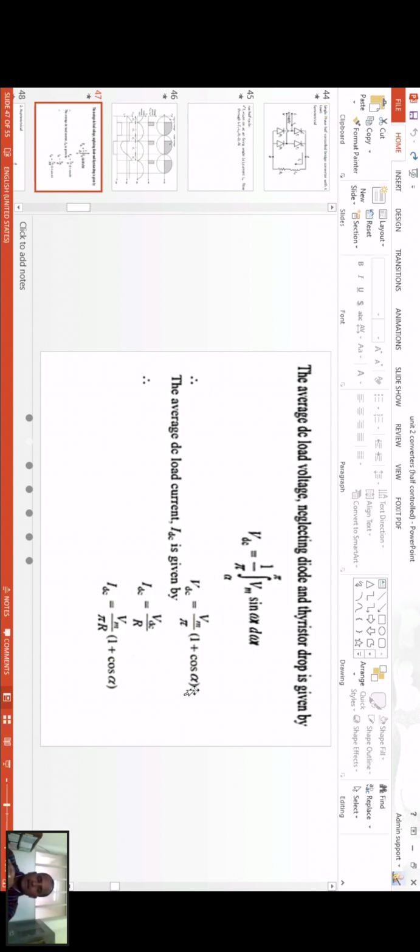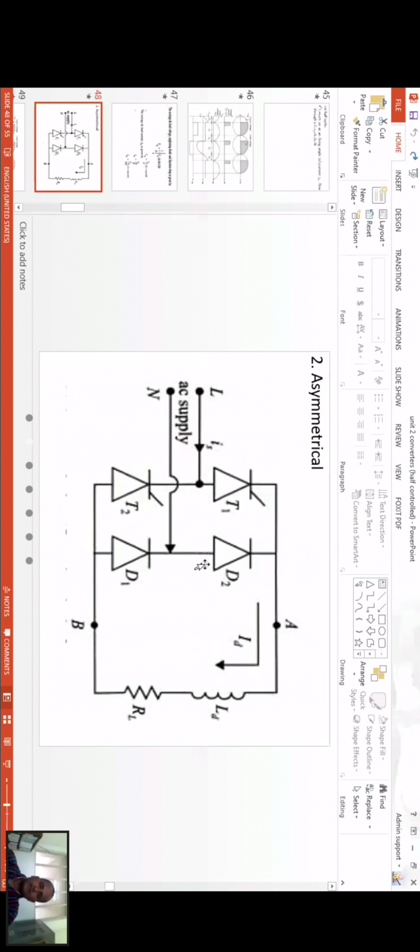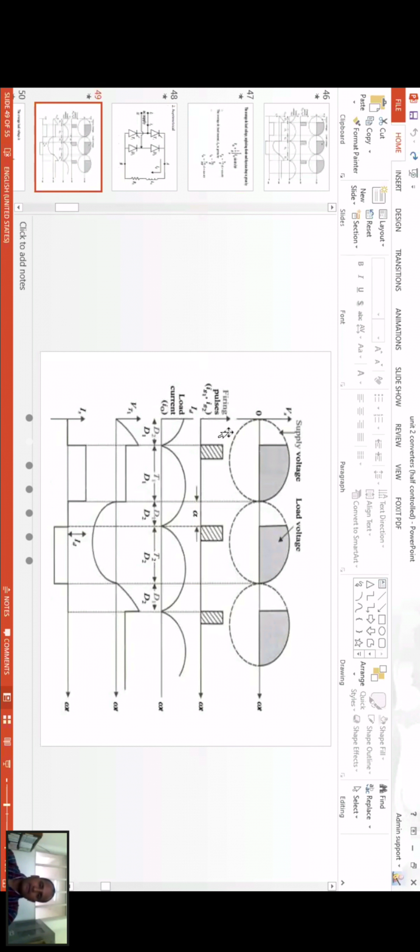So this is a symmetrical configuration with the RL load also, similar to what we have seen, the difference being that the L load was not there. Similarly, you will have a similar waveform here, with the output load voltage and the supply voltage, triggering at an alpha.